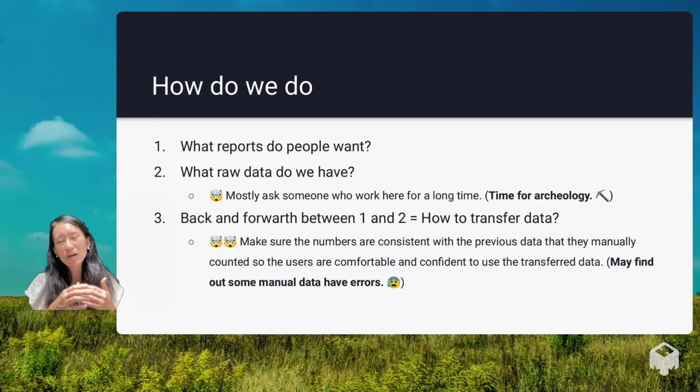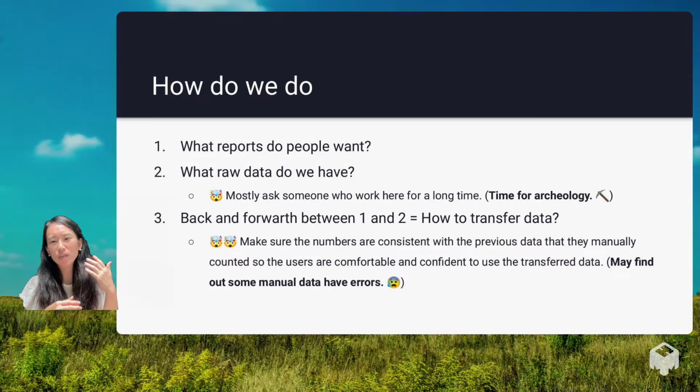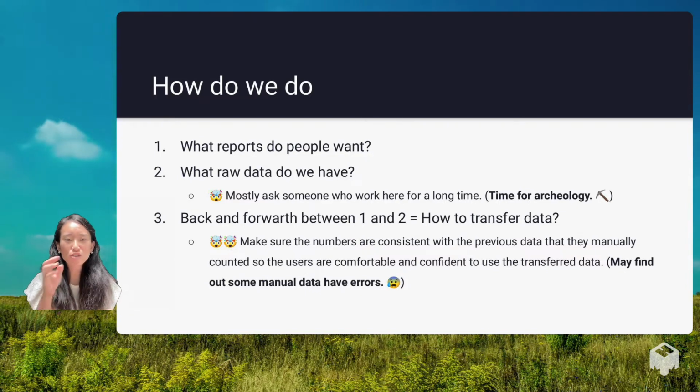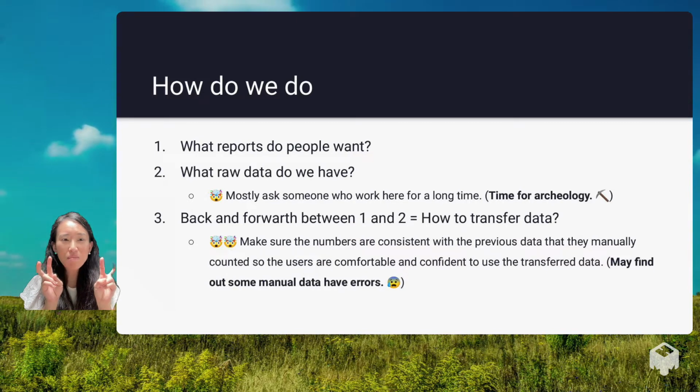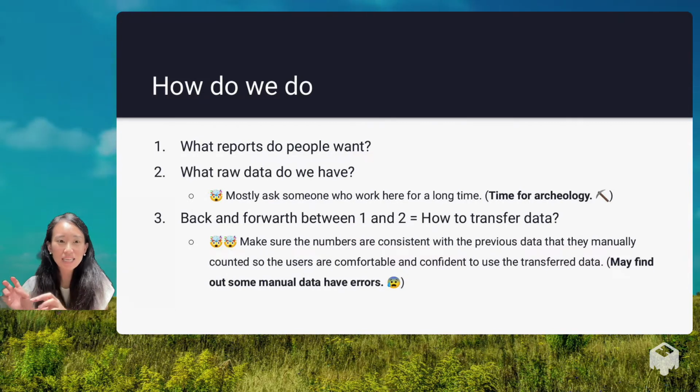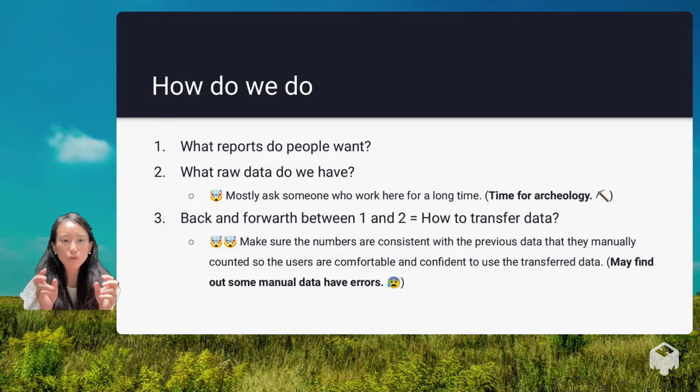Most of the time, we need to ask someone who worked there for a long time, so he understands or remembers all the historical issues and errors, or he can track the code and tell me what this naming of the data exactly means, where the data comes from, how we log this kind of data, or how we calculate this kind of data as the raw data. So this is the first difficulty we need to overcome.